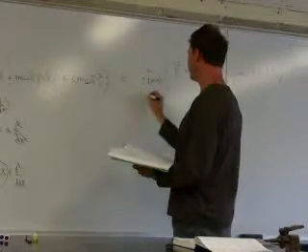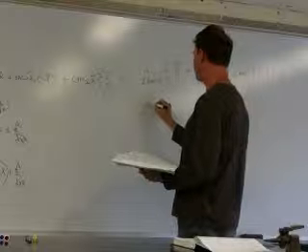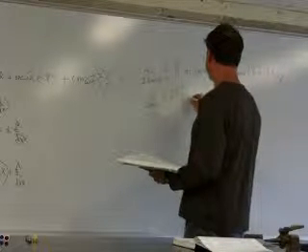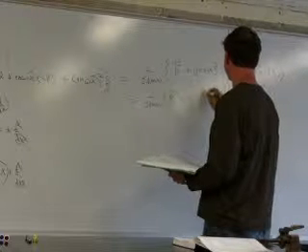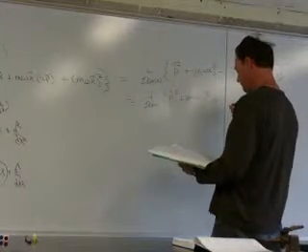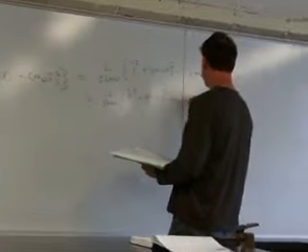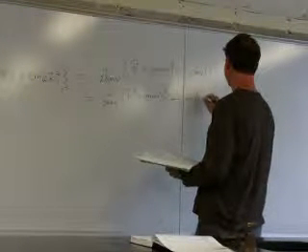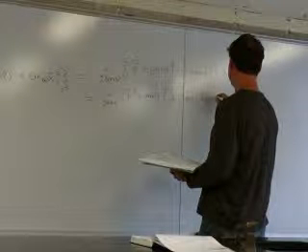Which is now going to equal 1 over 2 h bar m omega, p squared plus m omega x squared, plus i m omega times xp minus px.